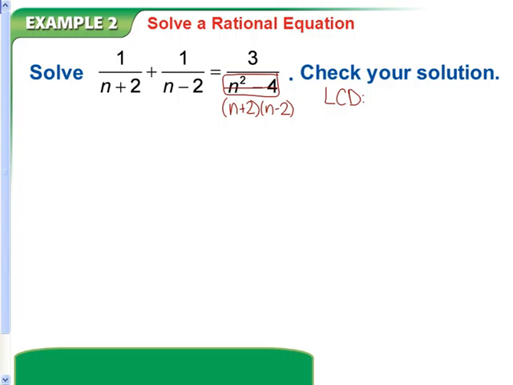And that will be our least common denominator. So now we go and multiply everything by n plus 2, n minus 2. And then let's start canceling.